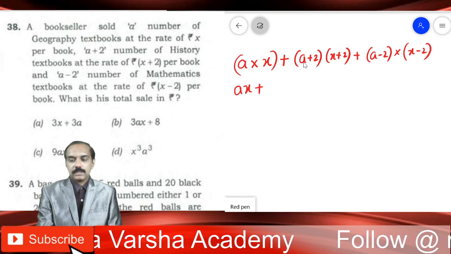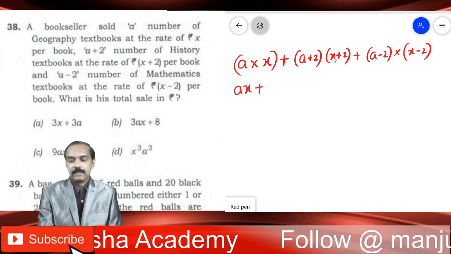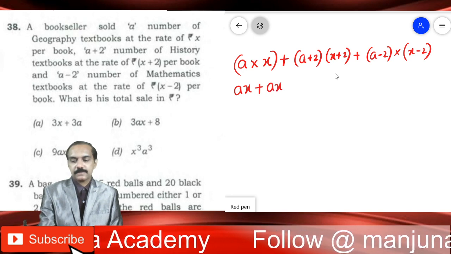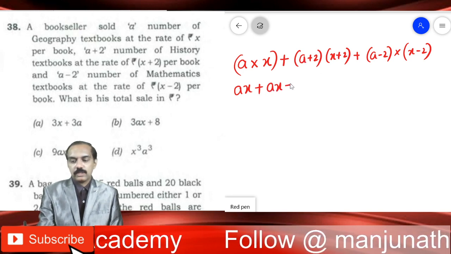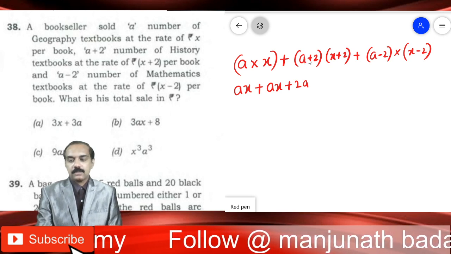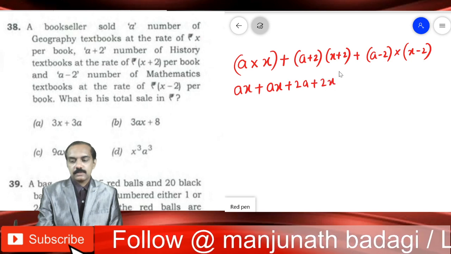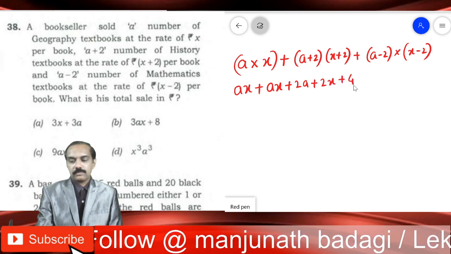multiply with both. If you take a and start multiplying, a into x will give you ax, a into 2 will give you 2a. Now this is about a. Now let us concentrate on 2. 2 into x, so 2x, 2 into 2, 4.